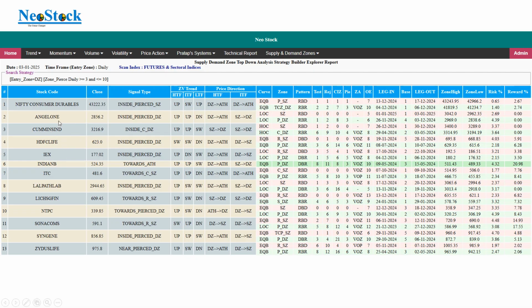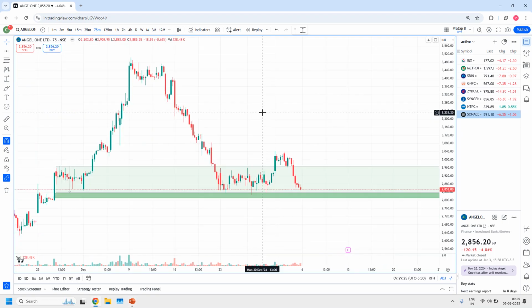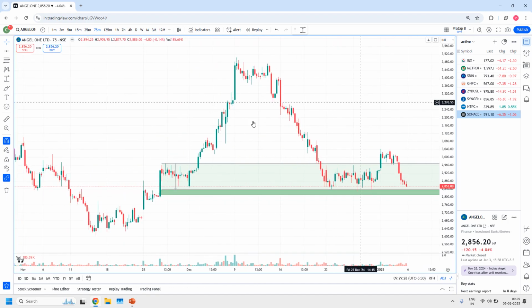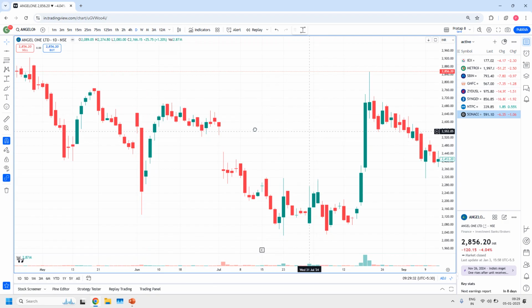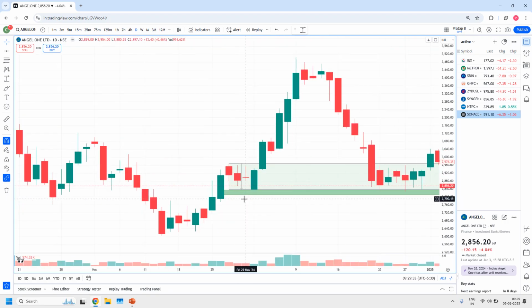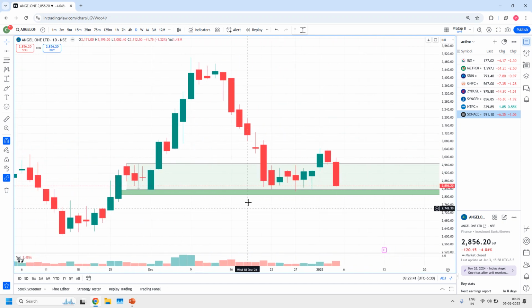When it is 26/11/24, four base candles. See here. This is the daily zone. You have 1, 2, 3, 4 base candles and a rally candle. And this zone is pierced here.